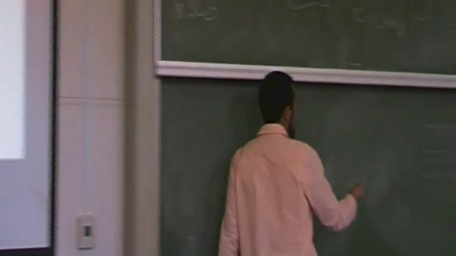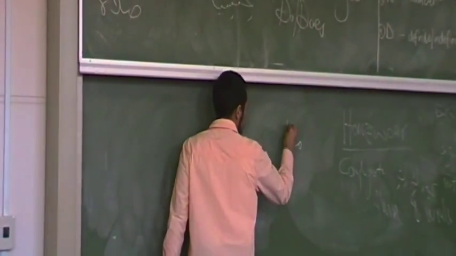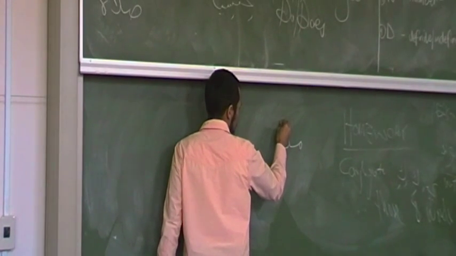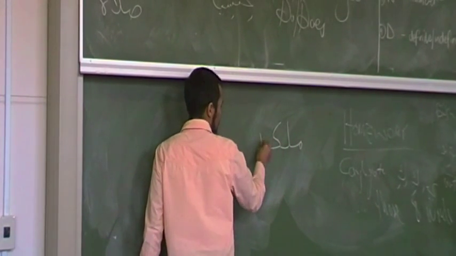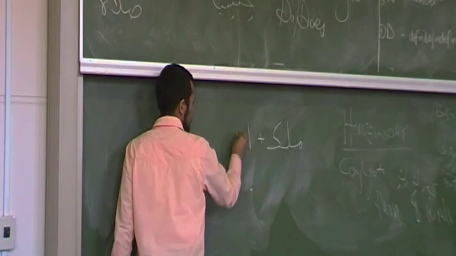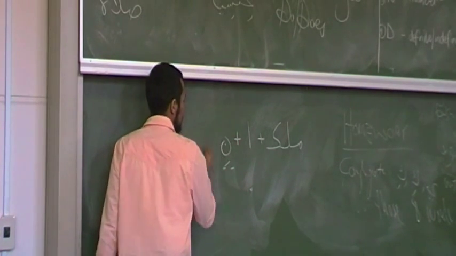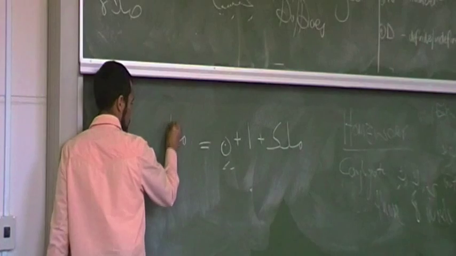So I have malikun. I have mim, lam, and kaf. Are you with me? I add alif plus noon, and this gives me malikani.